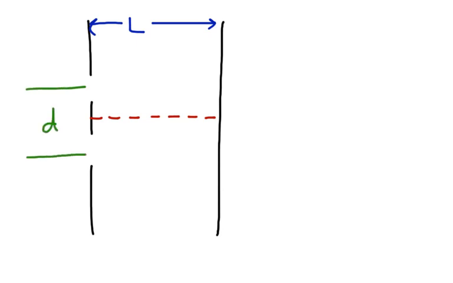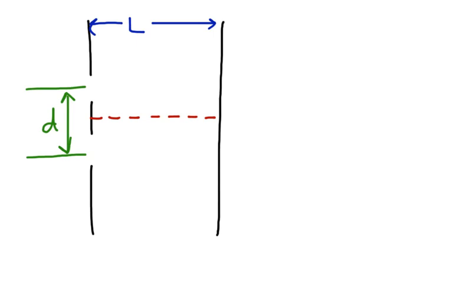We're going to have a distance between the slits and the screen. We're going to call that L. There is a midpoint right down the center, in between where the two slits are. There's going to be a distance from the center of one slit to the center of the other slit. That's d, or lowercase d.